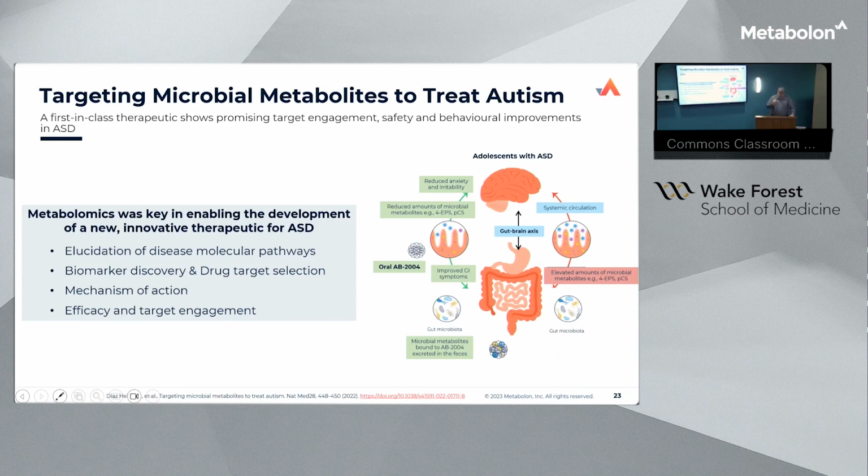Of course, this is one of many projects at the moment on autism. If any of this develops further, it will be quite exciting to see that metabolomics was part of it and helped identify it further.